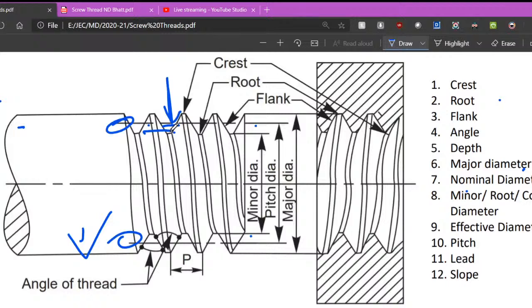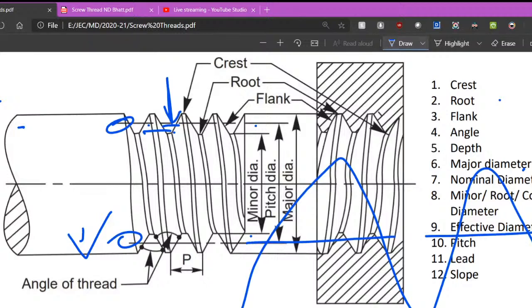Consider an imaginary line where this thread thickness becomes equal to this groove width.